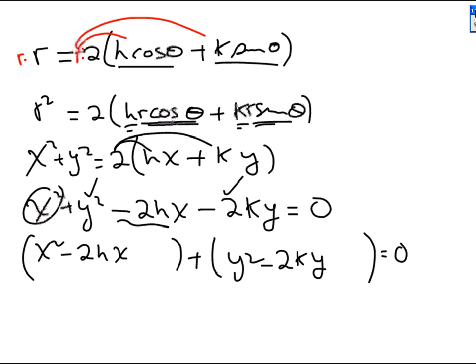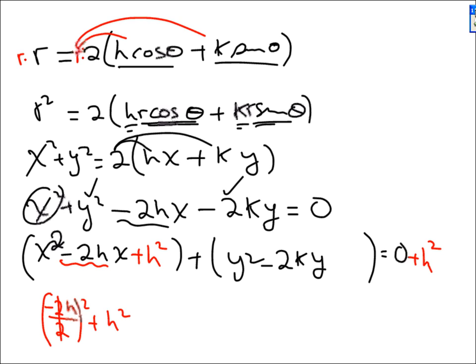But now, pre-calc. I want to complete the square. I take half of the value in front of x. That is, I divide it by 2. I get negative h. And I square that. H squared. That's what I add on. Add it on to the left side. The right side is no longer 0.